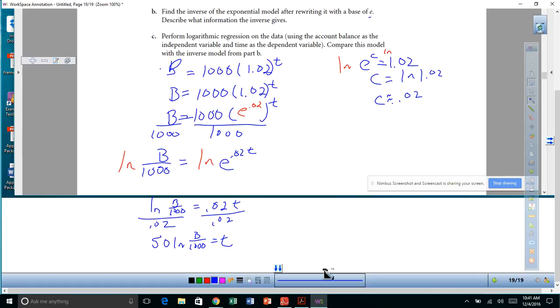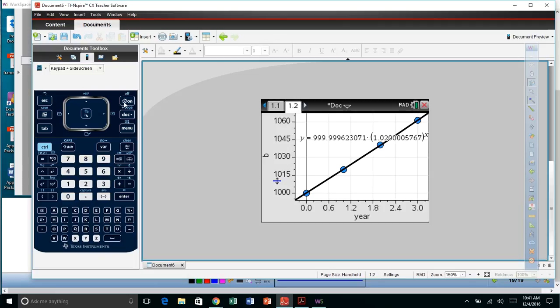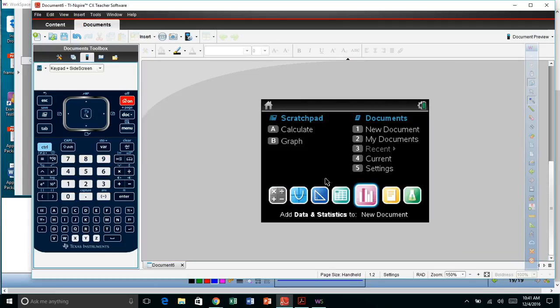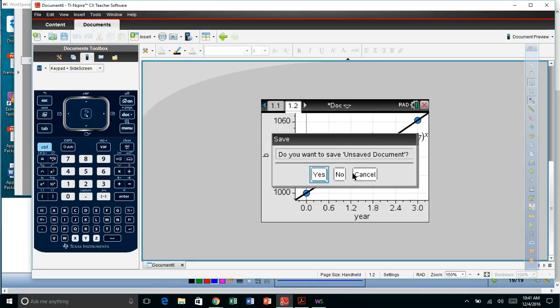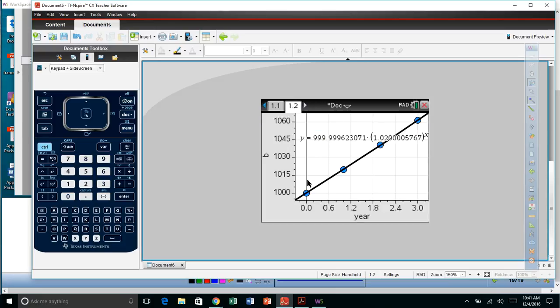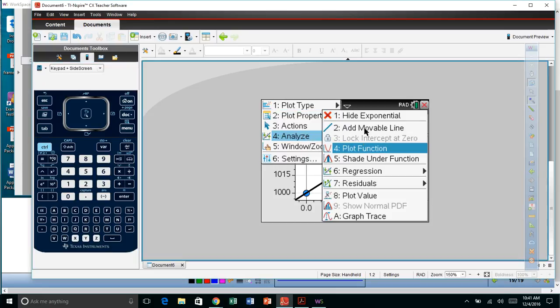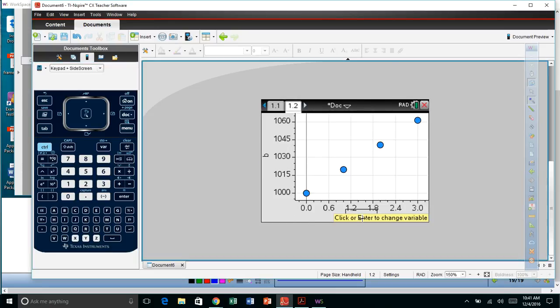Now let's go back. I meant to hit menu. Menu, cancel. Unsaved documents. There we go. Menu, 4, and then hide exponential. And let's change this.